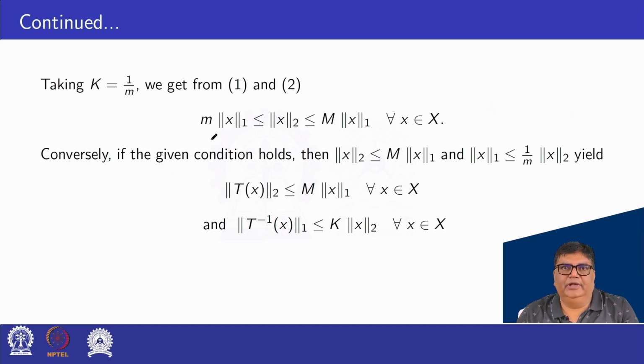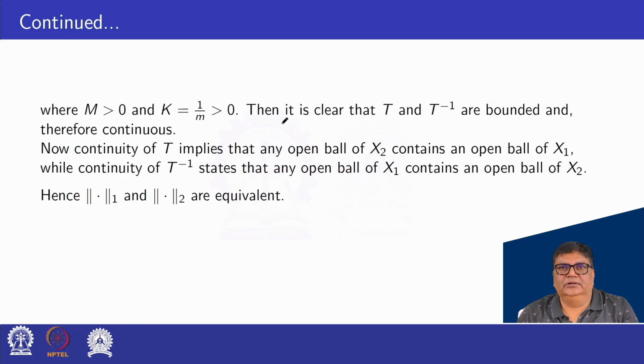So here we have proved that if we have this condition, then Tx and T inverse x are bounded. Now continuity of T implies that any open ball of x2 contains an open ball of x1, while continuity of T inverse states that any open ball of x1 contains an open ball of x2. Hence, norm x1 and norm x2 are equivalent.